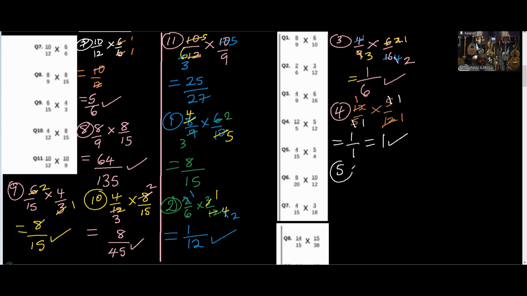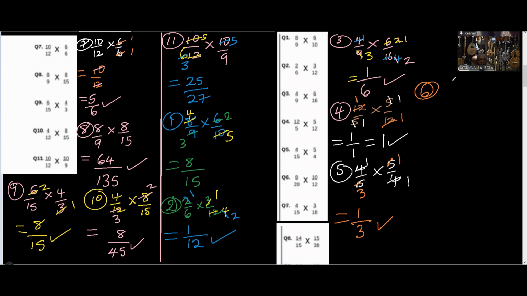Then number 5, we have 4 over 15 times 5 over 4. Look at this, 4 by 4 is 1. Then 5 by 5 is 1, and 15 by 5 is 3. So at the top is 1 times 1, at the bottom is 3 times 1. Is that clear? Now number 6.